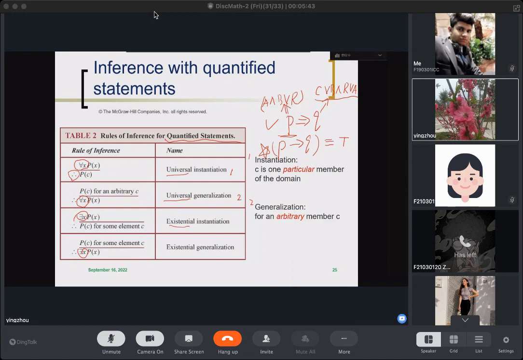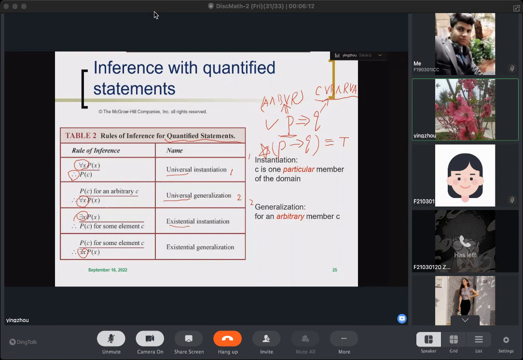The second, generalization, from the word meaning, is generalizing. You have many pieces of evidence, and from the evidence you summarize a new theory, new rule, or new answer. Similarly, here the condition is that we have already checked that for an arbitrary c, P holds.